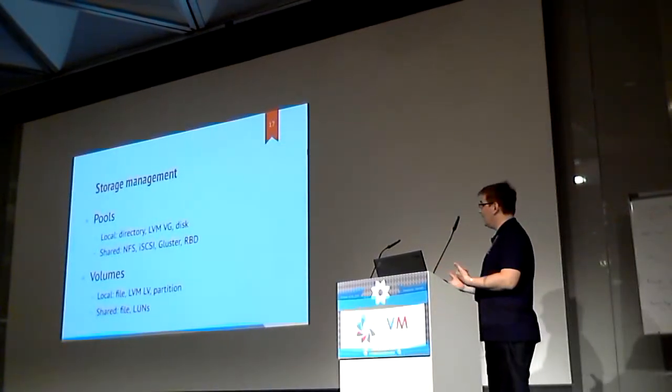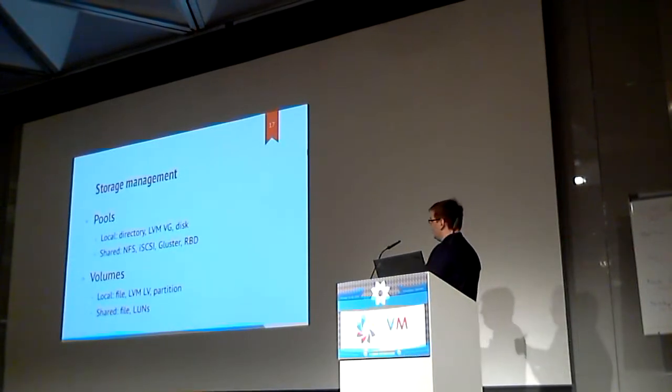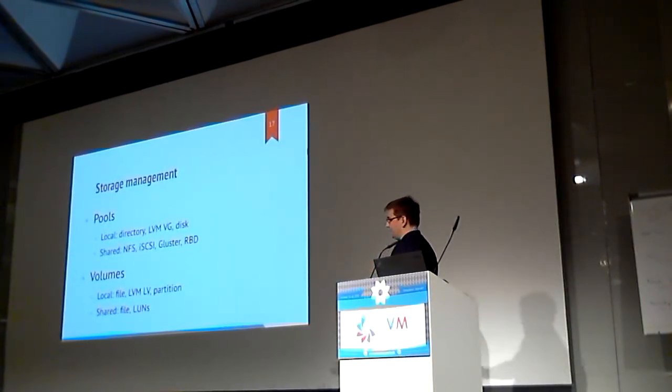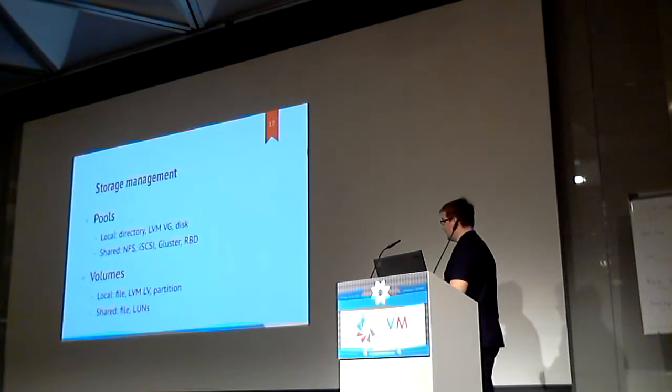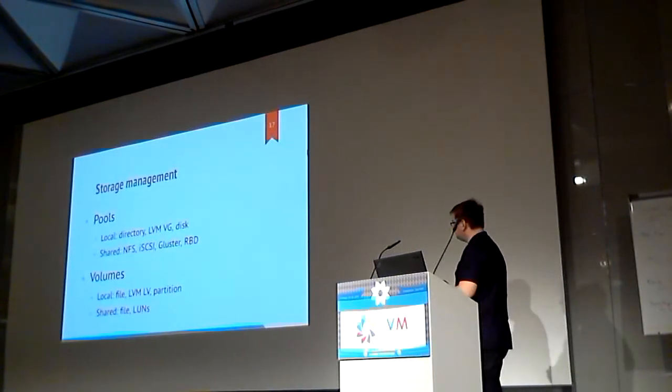One of the interesting points here is that libvirt is able to build this for you if you provide us an XML. So, for instance, we can even partition your disk if you tell us to.